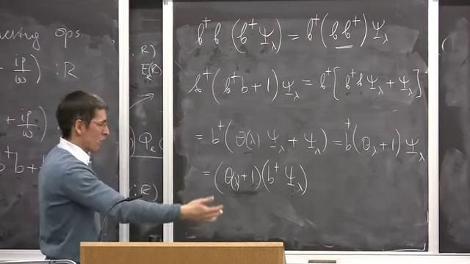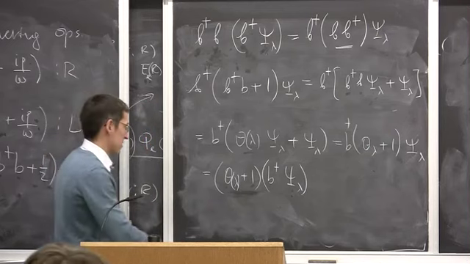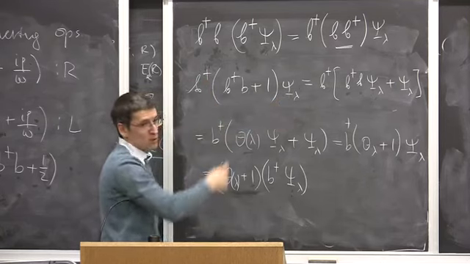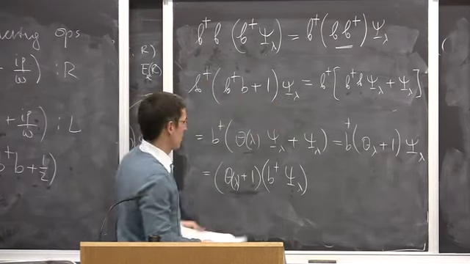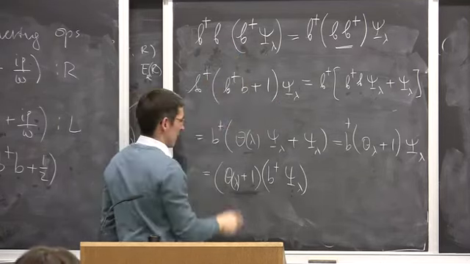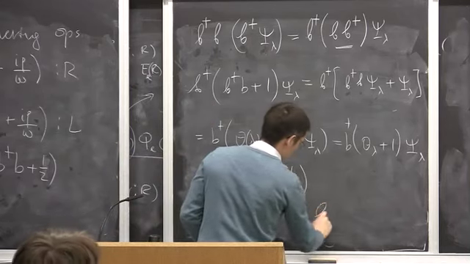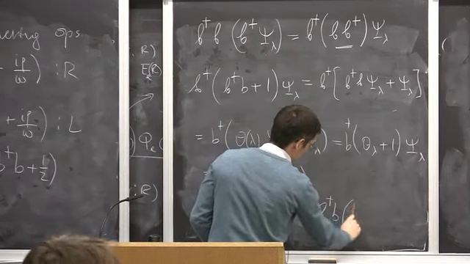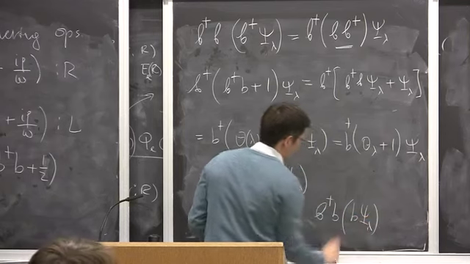You can do the same algebra, and I will leave it as a homework exercise. All this can be repeated if instead of starting with B dagger psi lambda, you start with the expression B dagger B acting on B psi lambda.